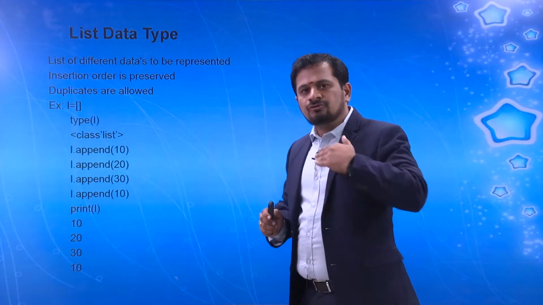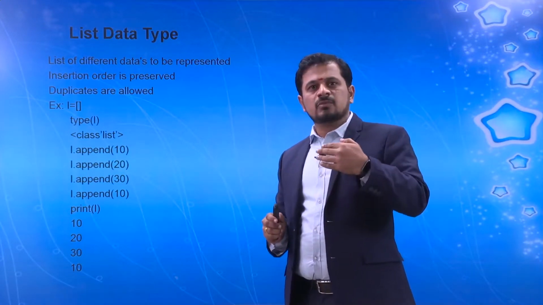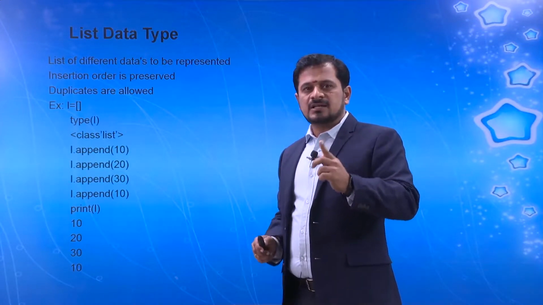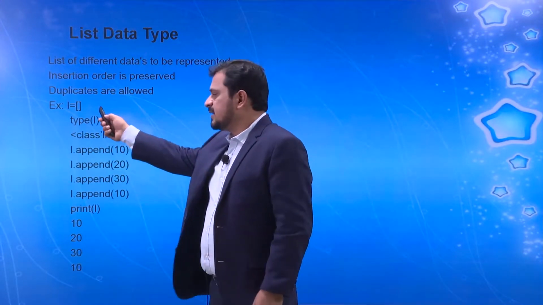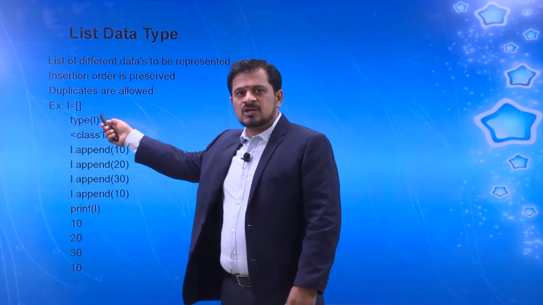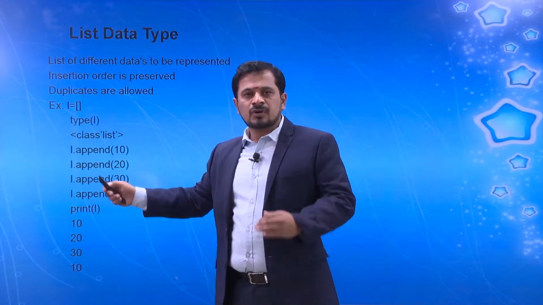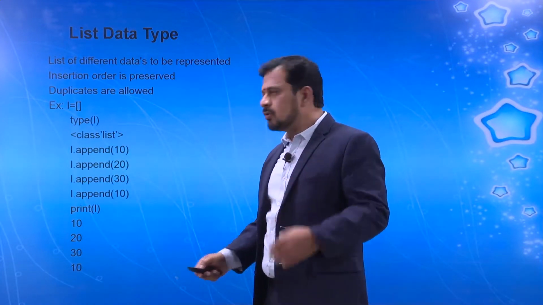Now I want to feed the data. How can I feed the data into my list? Whatever identifier I have used here, L is going to be a list. So L dot append, I am going to append the data to my list.